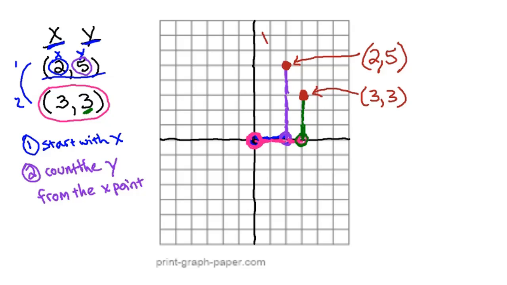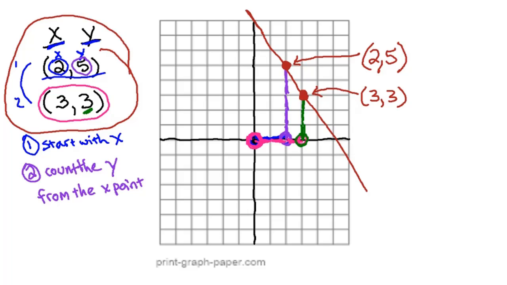And then you can draw a line through them. So this would be the graph. The red would be what it would look like, just the red, if you plotted these two ordered pairs on the graph together.